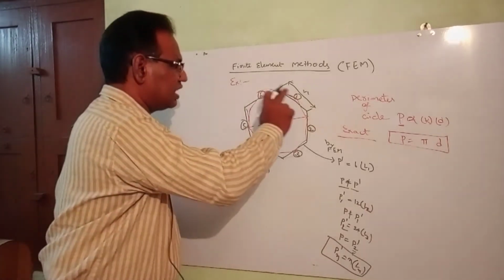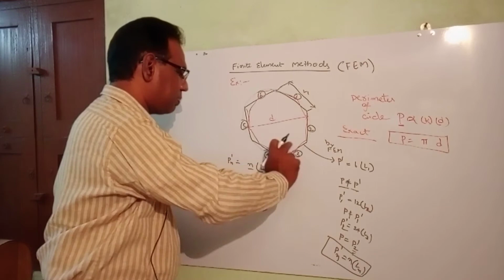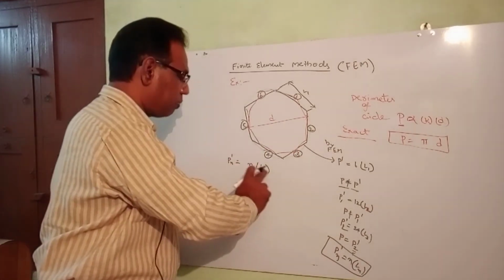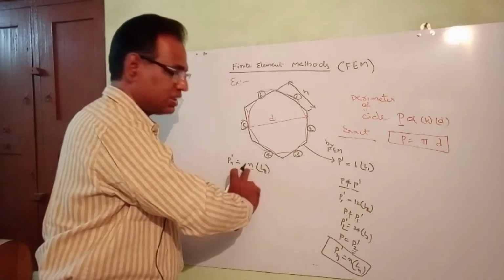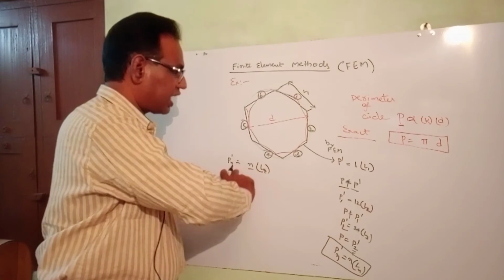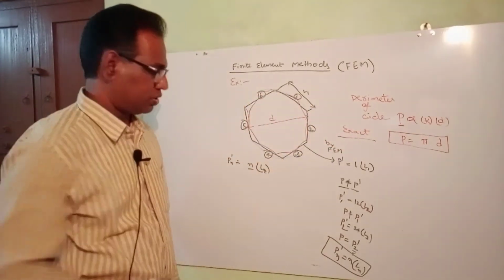If you divide this circumference into n line segments and cumulatively put all of them together, n into Ln equals Pn dash, which is again not equal to the exact solution.